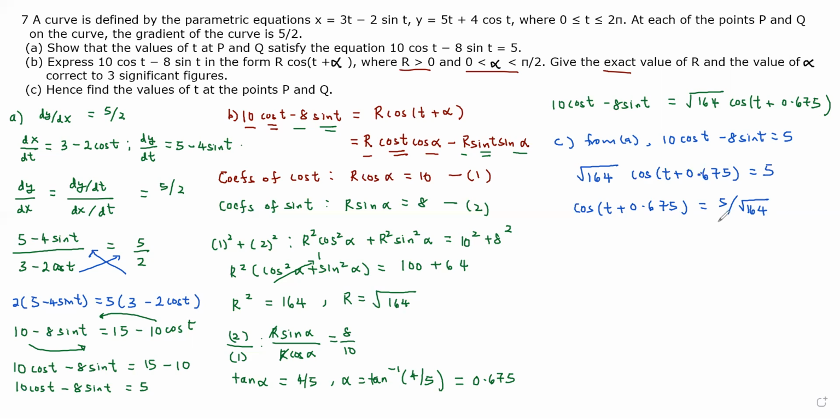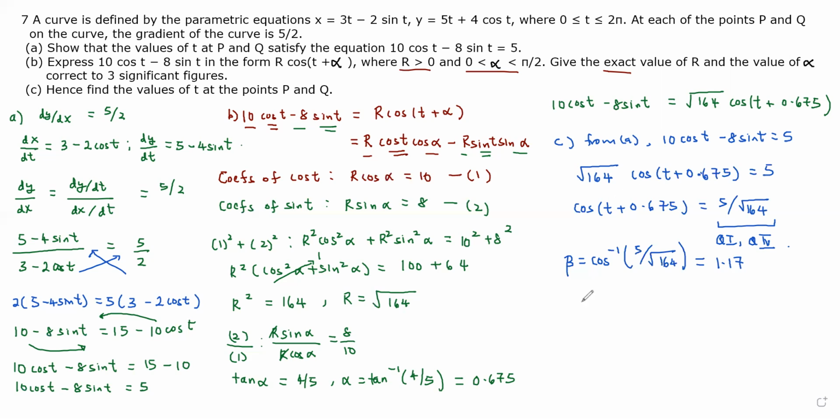We just need to find the values of t using this. This ratio is positive in quadrant 1 and quadrant 4. First, we find the related acute angle beta. That is inverse cos of 5 over square root of 164. Make sure that your calculator is in radian mode, and that will be 1.17 to three significant figures.